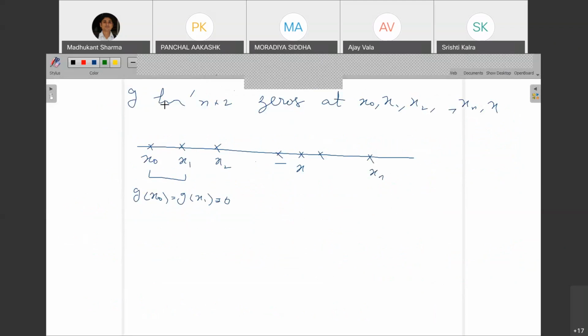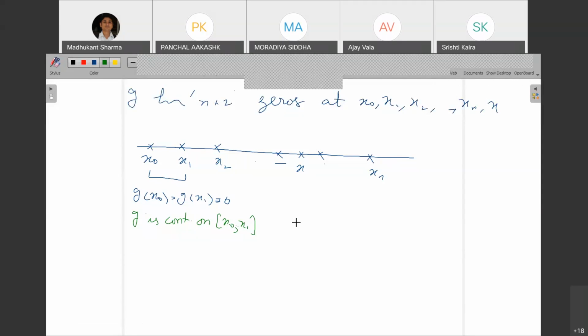So g is continuous on x0 to x1, and I am applying Rolle's theorem on this interval. For Rolle's theorem, another required property is differentiability, which can be assumed, because a polynomial is infinitely differentiable.